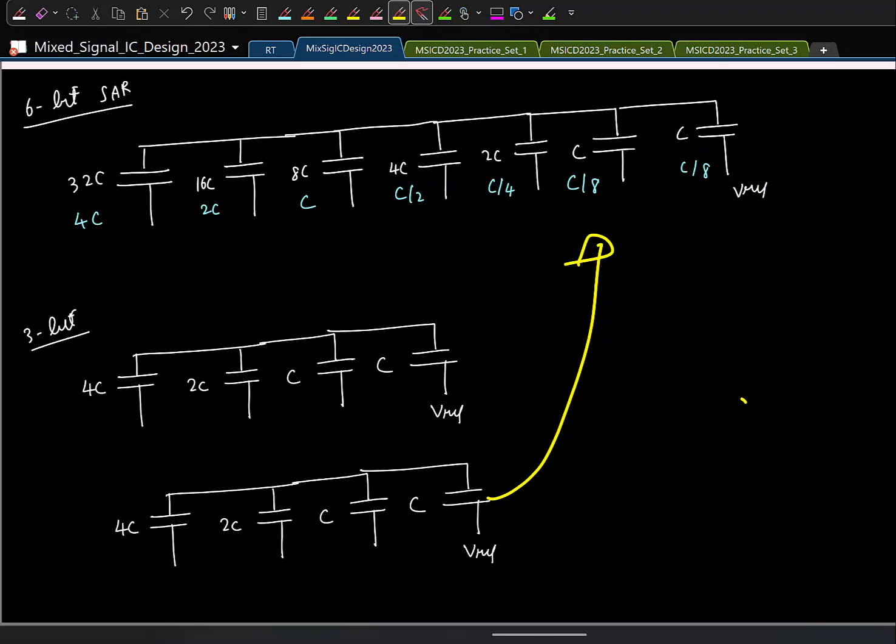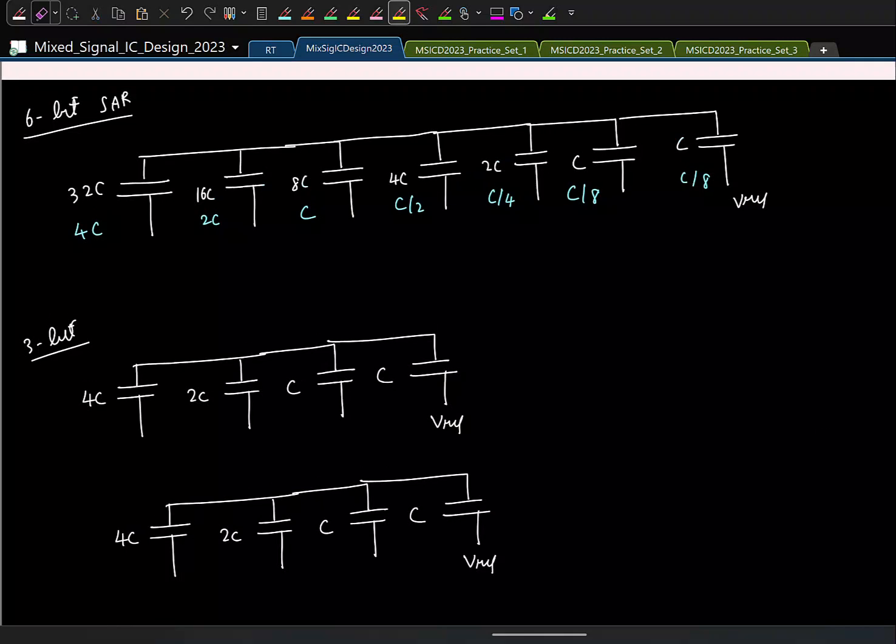Okay, so let's see if that is even logically possible. So let me actually erase these. Okay, I'll have to push this up.